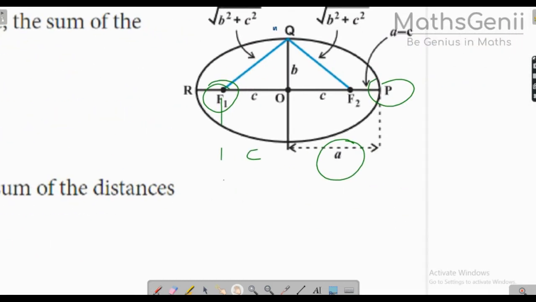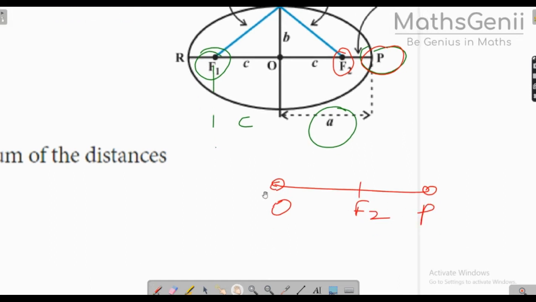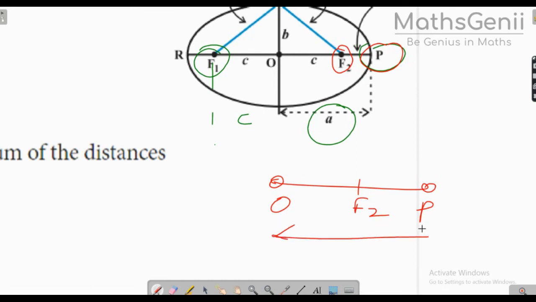Now F2P. What is F2P? F2P is the small distance. How do I calculate F2P? I am just drawing it here. This is O, this is F2, and this is P. OP entire is A. O to F2 is nothing but C. So what is going to be this distance?